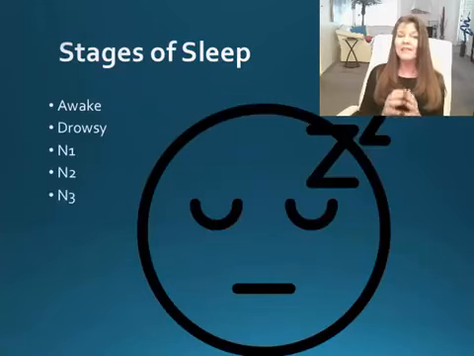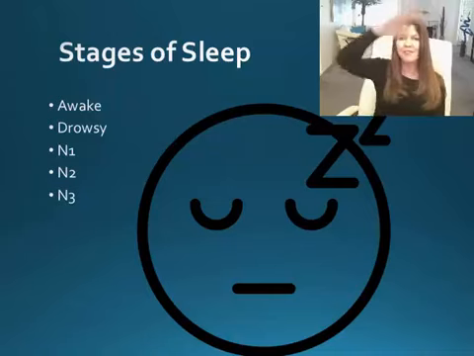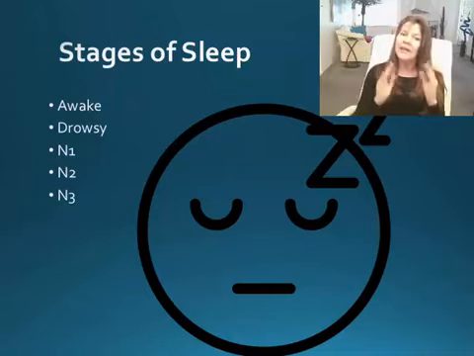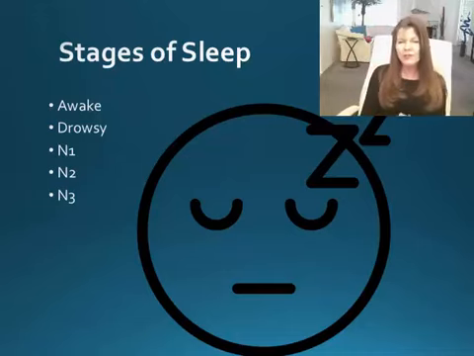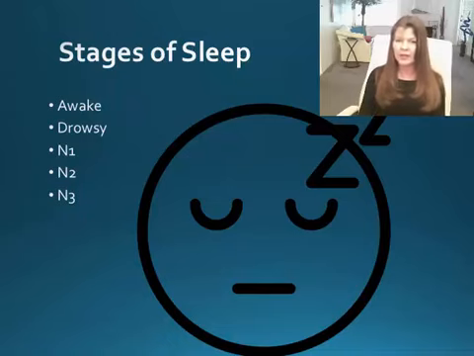Next, you will move into stage N3, and delta waves predominate your EEG. They are the slowest, largest waves of them all. Now, some books and resources still refer to stages N3 and N4. N3, when delta waves predominate but are less than 50% of your total brain waves, and N4 when delta waves are 50% and higher.